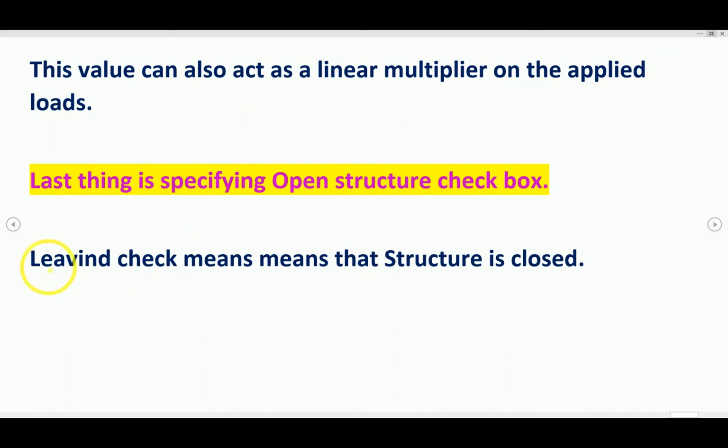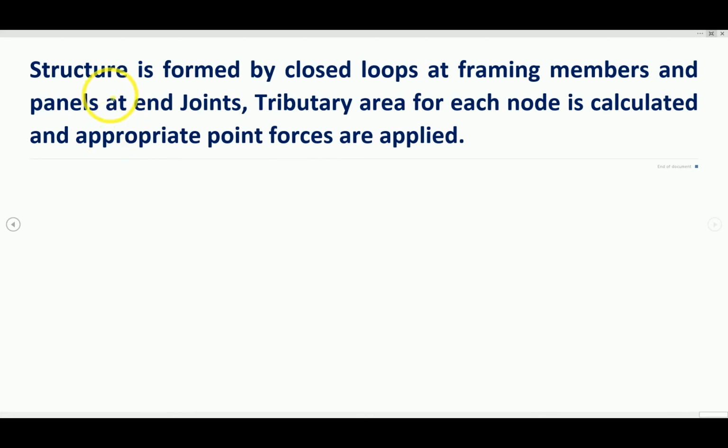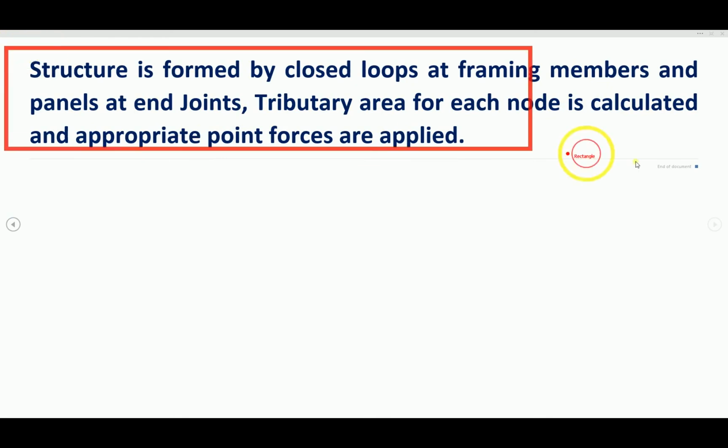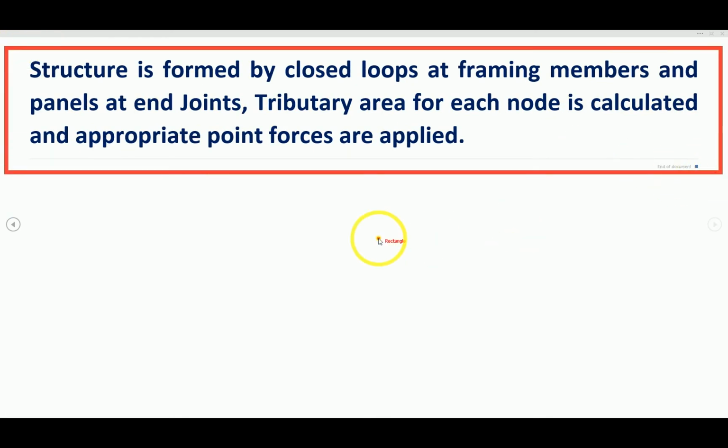Structure is formed by closed loops of framing members and panels at end joints. Tributary area for each node is calculated and appropriate point forces are applied at all the nodes. So that is the effect of not checking the open structure.